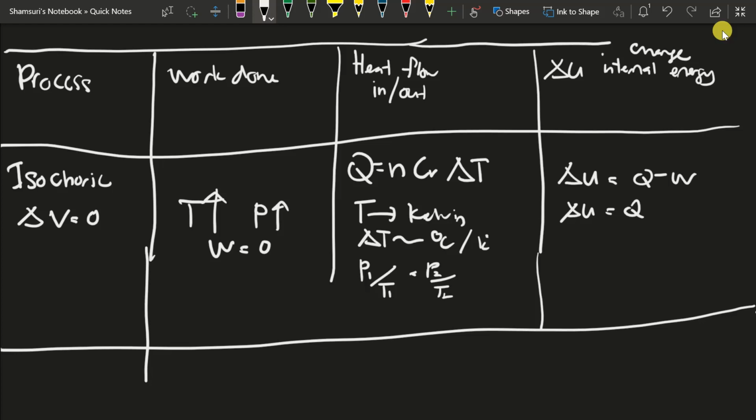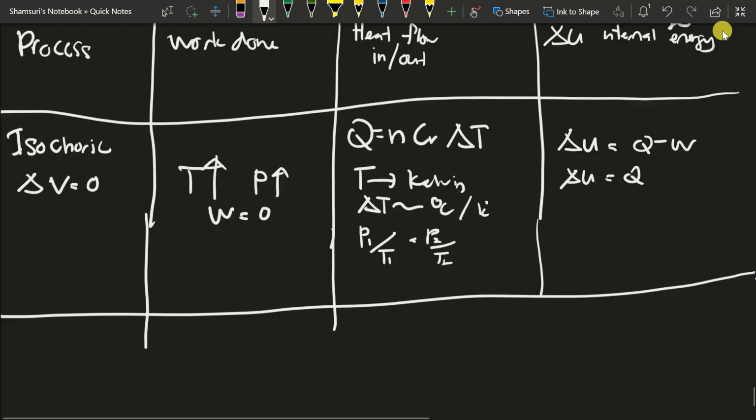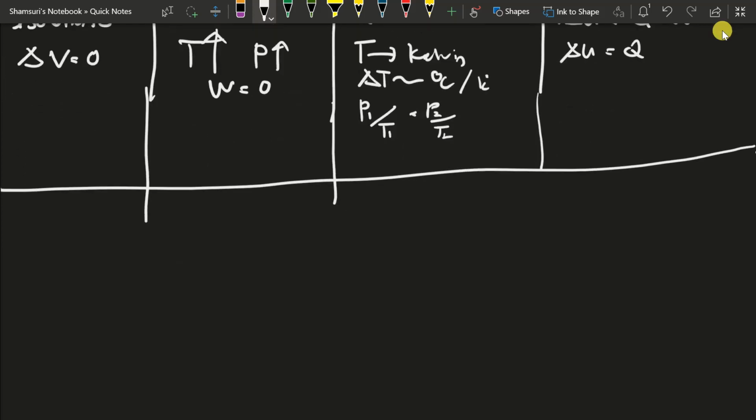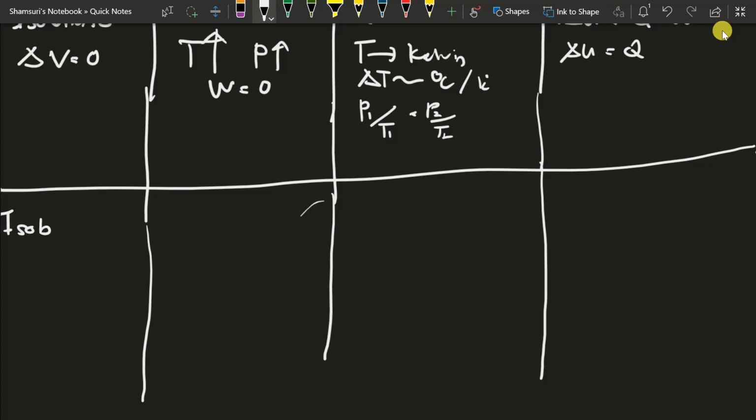If we have another process, we can continue on the table. We have another one, we call that the isobaric process, where pressure is the same, so there is no change. It is fixed.